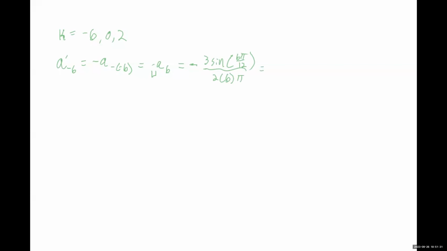So this is going to give us -3 sine of pi over 2 divided by 12 pi. Sine of pi over 2 is equal to 1. So we're going to get -3 over 12 pi, which means our a prime of -6 is going to be equal to -1 over 4 pi.